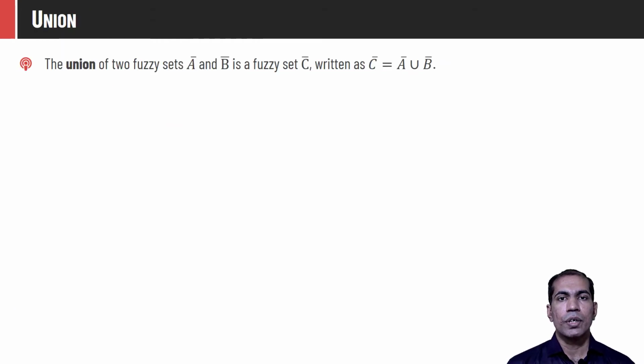The union of two fuzzy sets, A bar and B bar, is given as C bar is equal to A bar union B bar. And in set notation, we can represent C bar is equal to A bar union B bar, which is a tuple x comma mu A bar union B bar of x, where mu A bar union B bar of x represents membership value of element x in the union set.